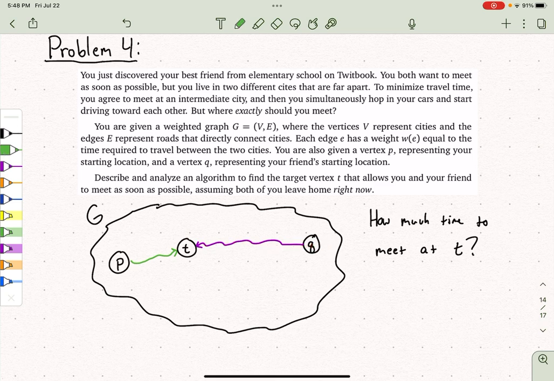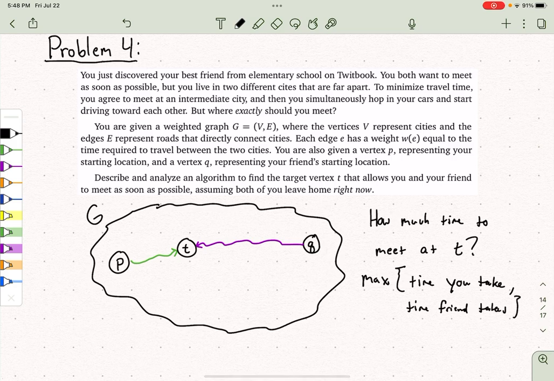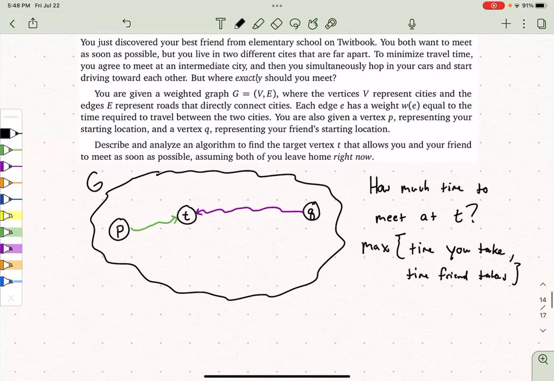So overall, the time you actually meet will be the max of the time you take and the time your friend takes. So the max of those two is the actual time you're both at T at the same time. Before that, only one of you might be there, but you have to wait for you both to get there.